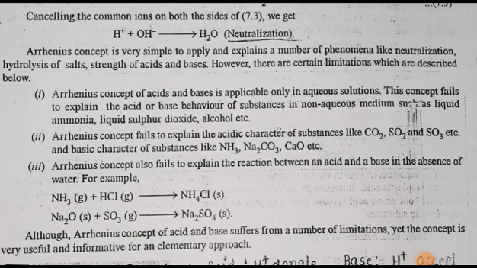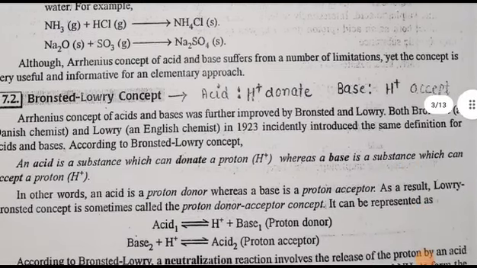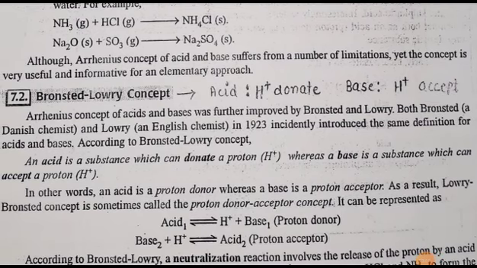This concept fails to explain the acid or base behavior of substances in non-aqueous media such as liquid ammonia, sulfur dioxide, alcohol, etc. It fails to explain the acidic character of substances like CO2, SO2 and SO3, and the basic character of substances like NH3, Na2CO3, CaO, etc. It also fails to explain the reaction between an acid and a base in the absence of water. Although the Arrhenius concept suffers from a number of limitations, yet the concept is very useful and informative for an elementary approach.